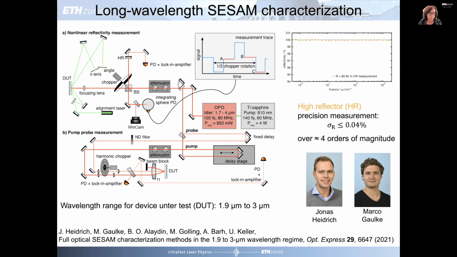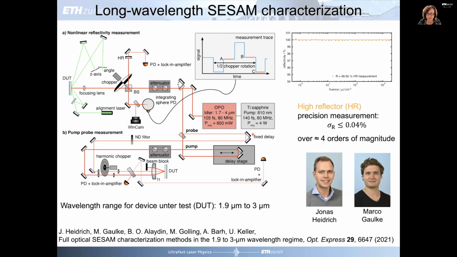And so we built up full characterization with a commercial OPO that gave us femtosecond pulses from 1.7 to 4 micrometer. And the optics that we used in the setup cover the range of 1.9 to 3 micrometer. Anybody who has worked in the near infrared and moved to the mid-IR knows things are not totally trivial.